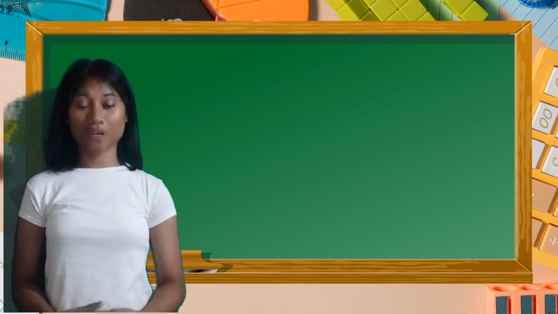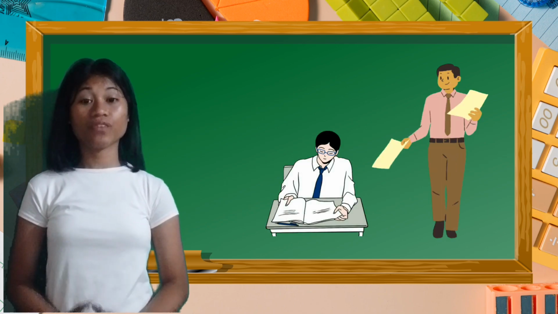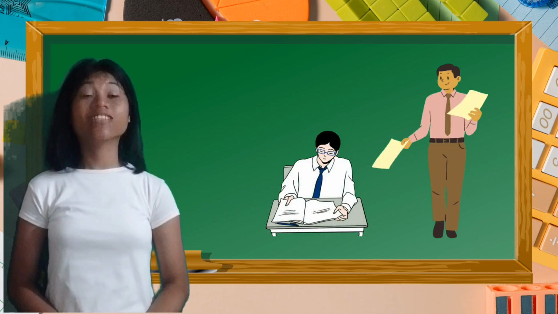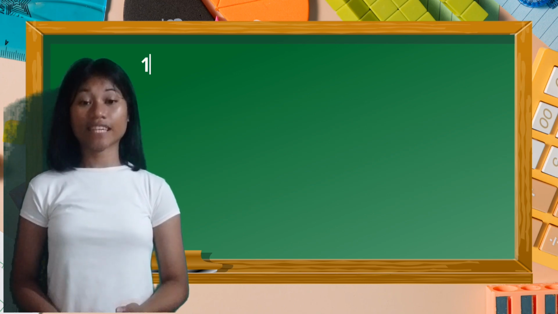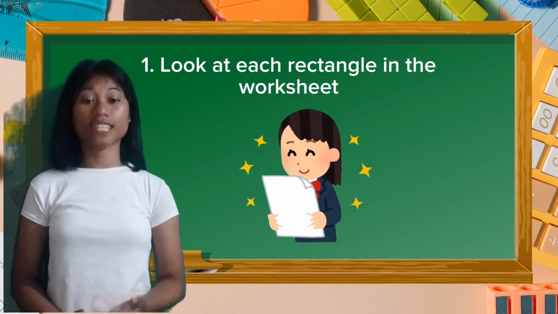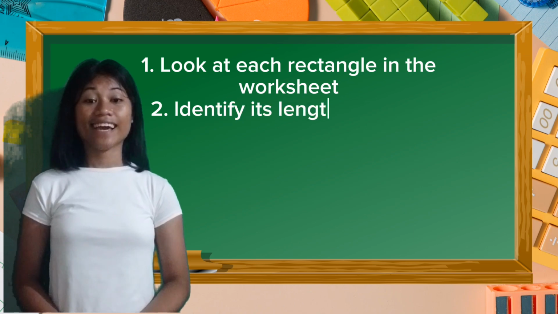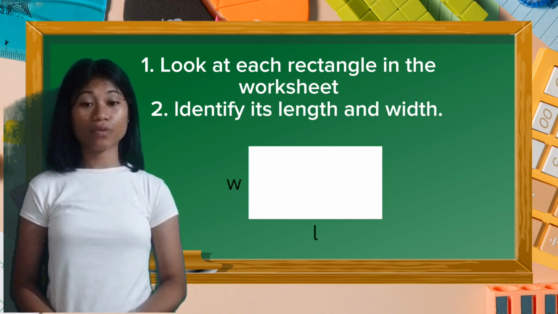I'll be handing out a worksheet with a few different rectangles. So listen carefully. First step is look at each rectangle on your worksheet, and then identify its length and width.